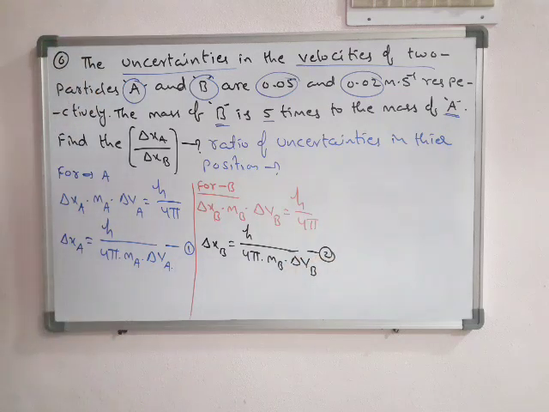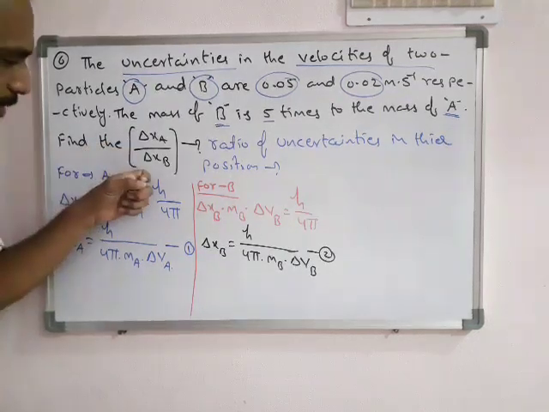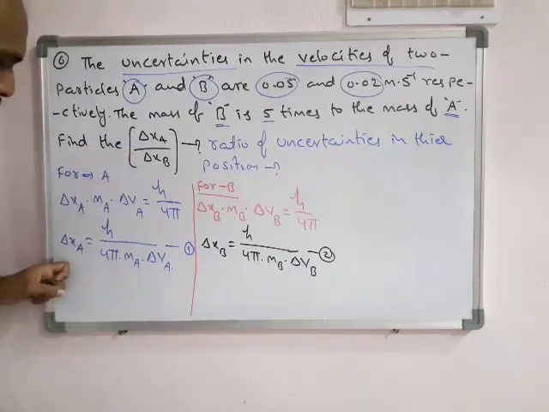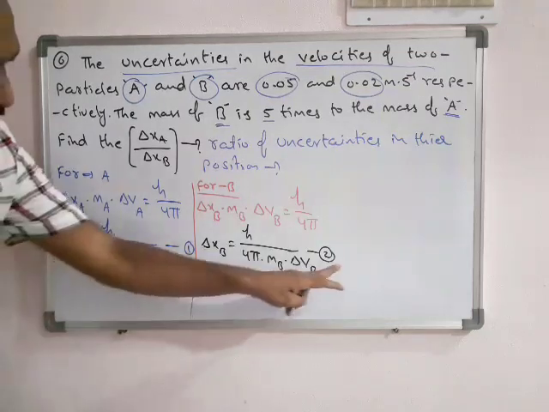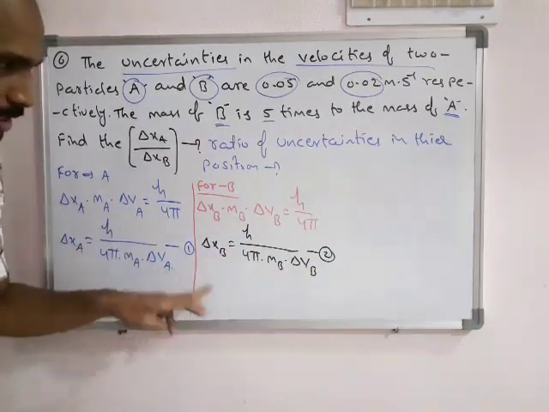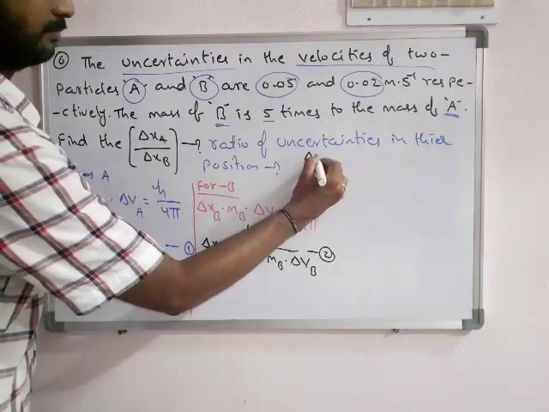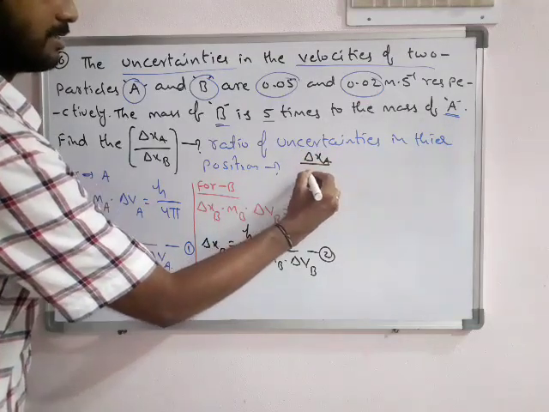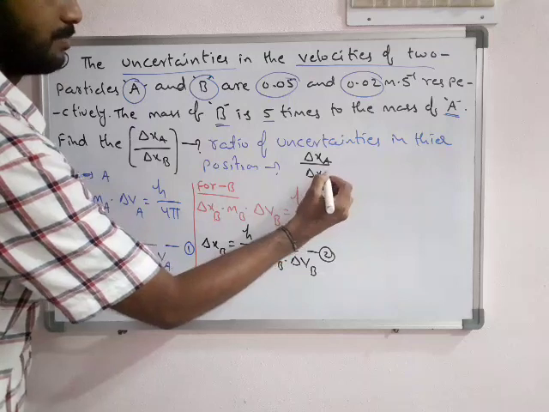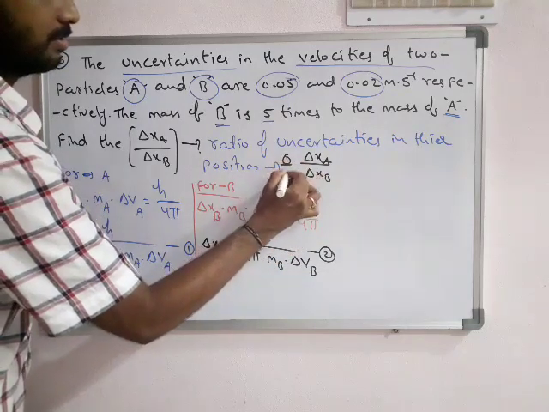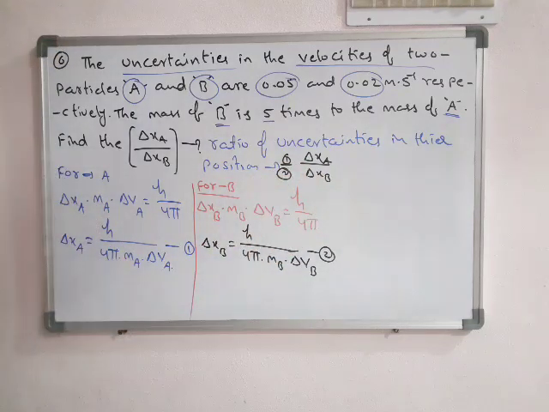So we need to find exactly delta xa by delta xb. In equation 1 we got delta xa. In equation 2 we got delta xb. Just we need to find the ratio, delta xa by delta xb. So that is equation 1 by 2. Let's do equation 1 by 2.